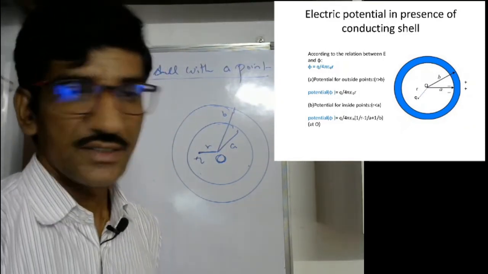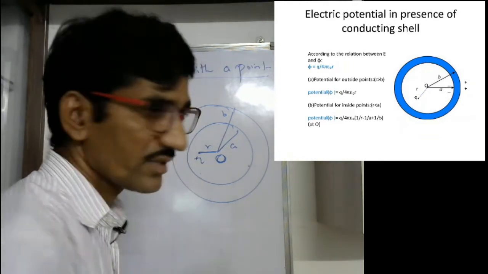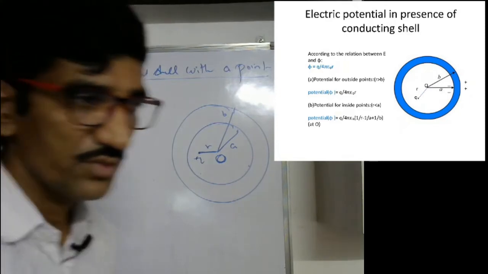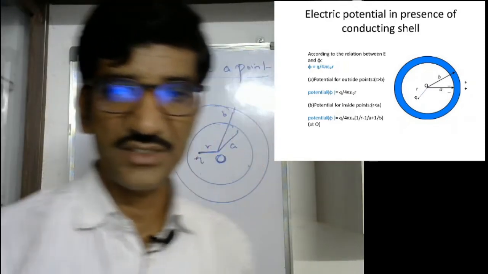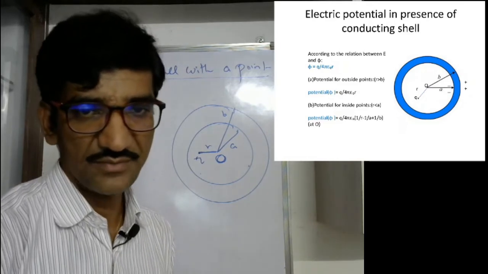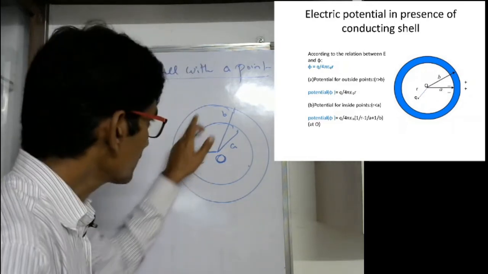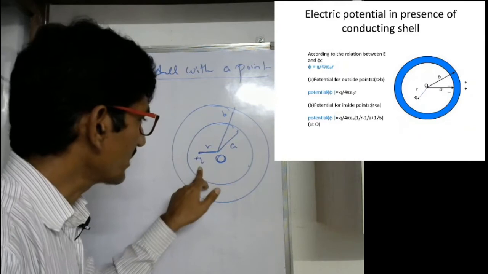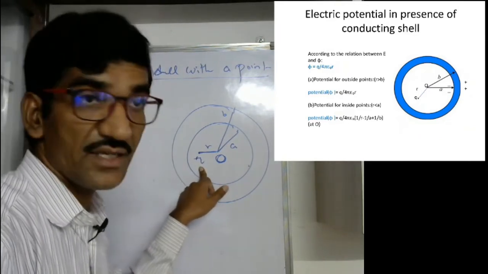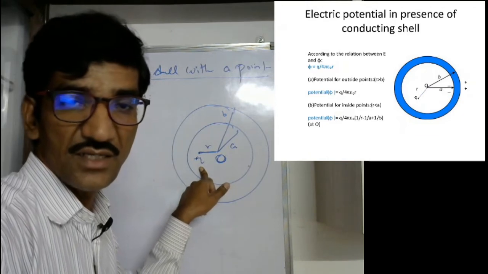Here we have to know the properties of the conductor. Whenever you bring a charge very near to the conductor, what happens? Here, this is an uncharged conductor. I am placing a plus Q charge here. This induces charges on the inner and outer surfaces of the shell.